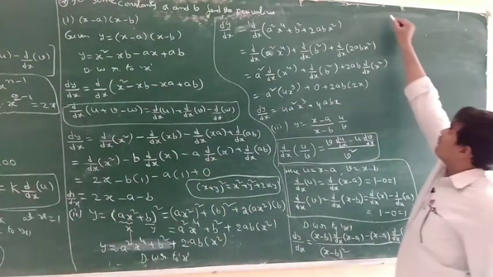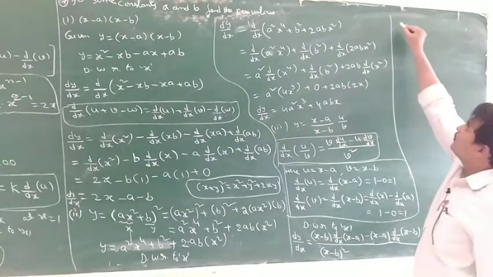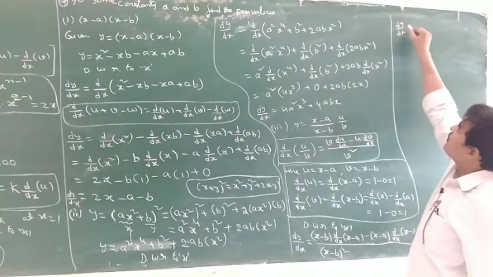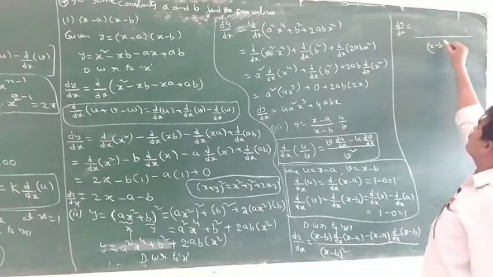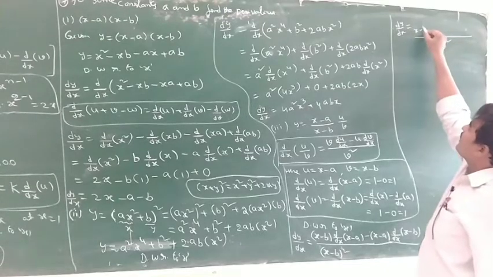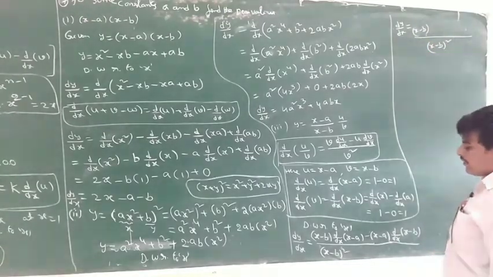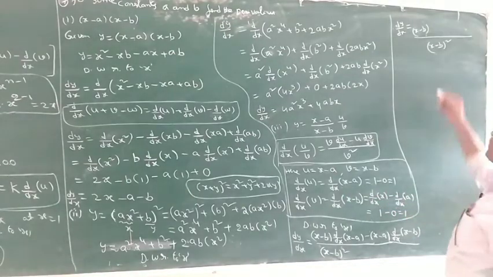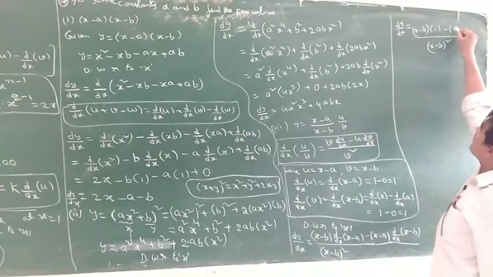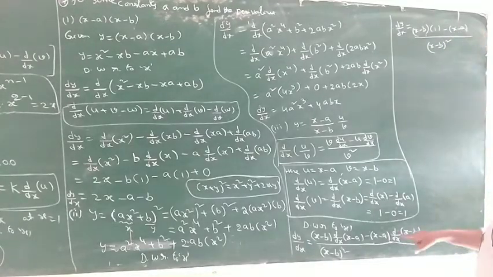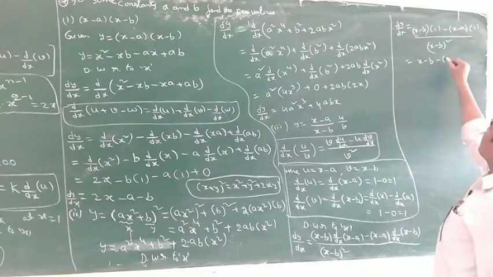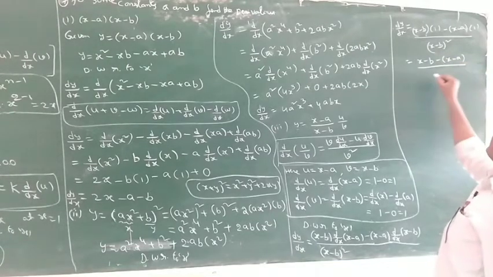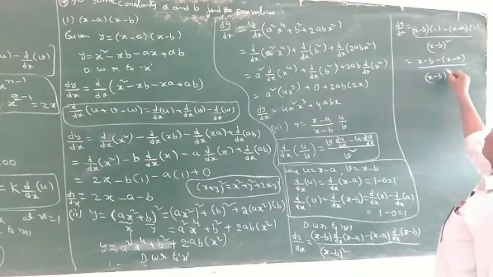So dy/dx is equal to, v² means (x − b)², and the numerator is (x − b) into the derivative of (x − a), which is 1, minus (x − a) into the derivative of (x − b), which is also 1. So that is equal to [(x − b)·1 − (x − a)·1]/(x − b)².